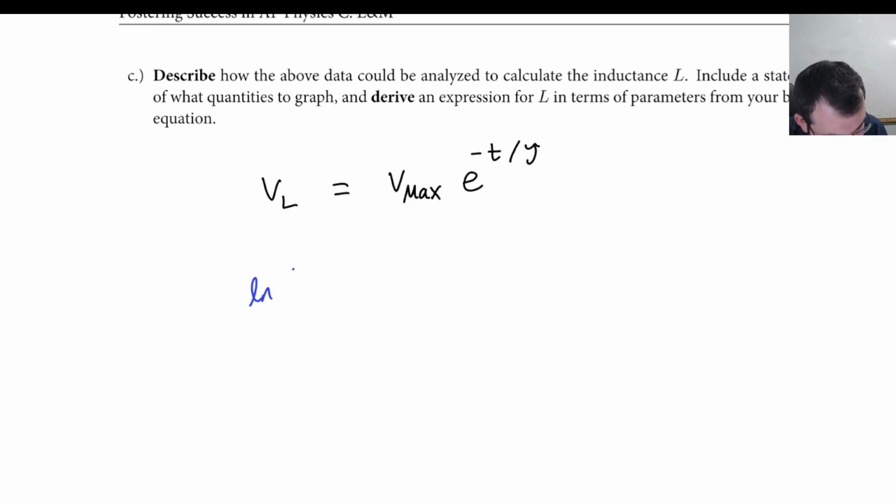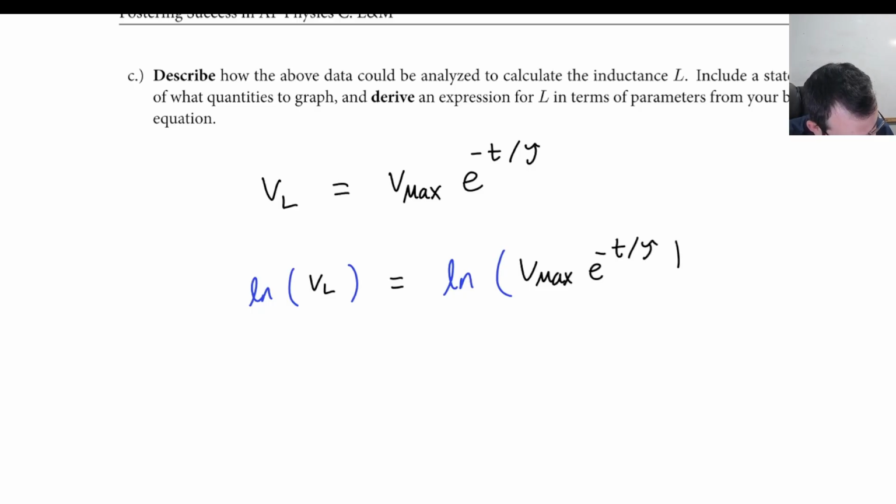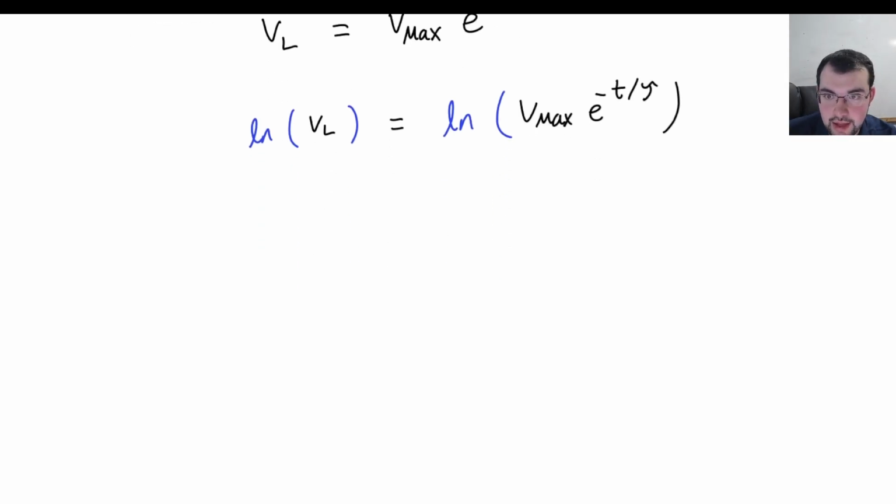So if we take the natural log of the inductor voltage, we're also going to take the natural log of our entire right side. Can't do anything to the left. And you can't cancel unless ln and e touch. So we have to break it apart using the product rule.